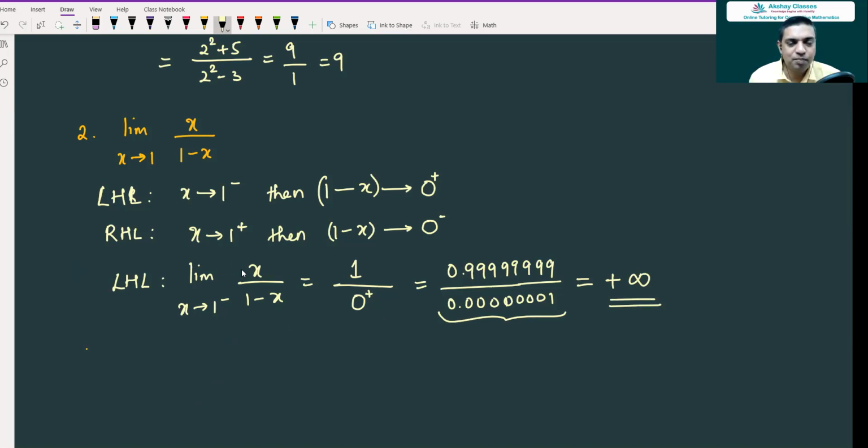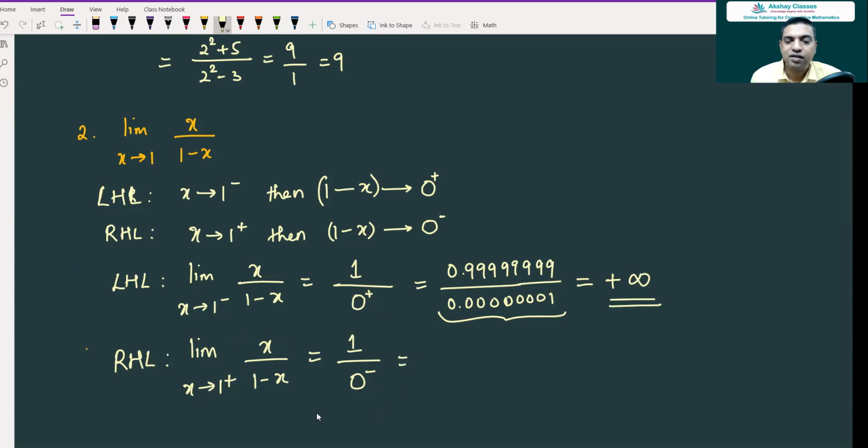So this function approaches positive infinity. Whereas the right hand limit, x tends to 1 plus, of x by 1 minus x. Numerator is approaching 1, but denominator is approaching 0, but with values lesser than 0. Denominator is negative.